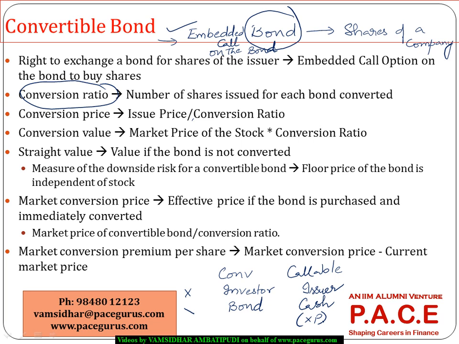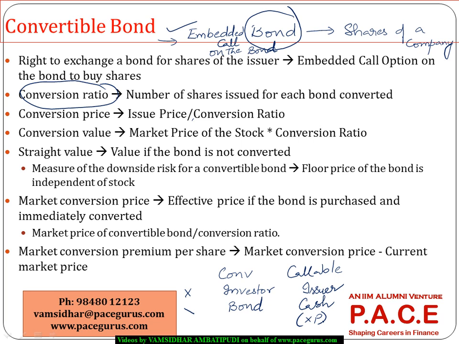But otherwise, the base mechanism, the base calculations, the base concept remain the same. How many shares would be given per each bond on the conversion date is known as the conversion ratio, which would be known to the investor right at the beginning.